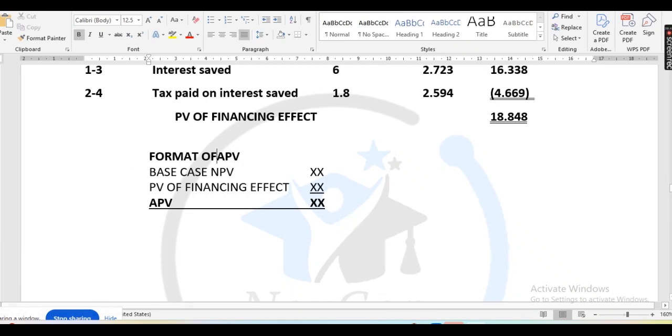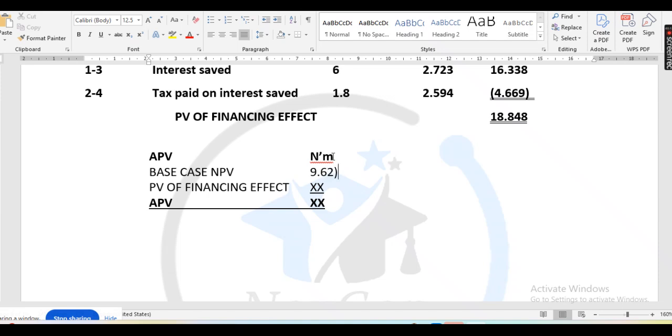So APV, your base case NPV is in millions, right? So we can put the million here. What is the base case NPV? 9.62 negative.